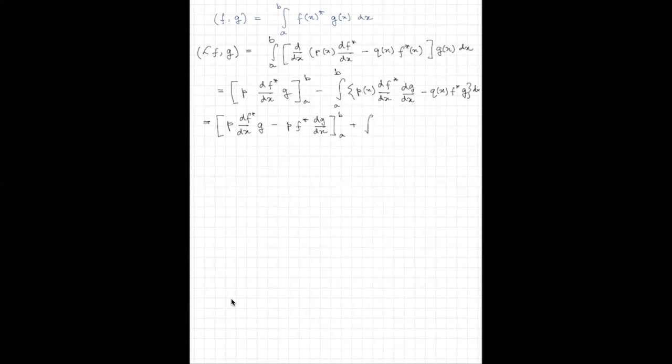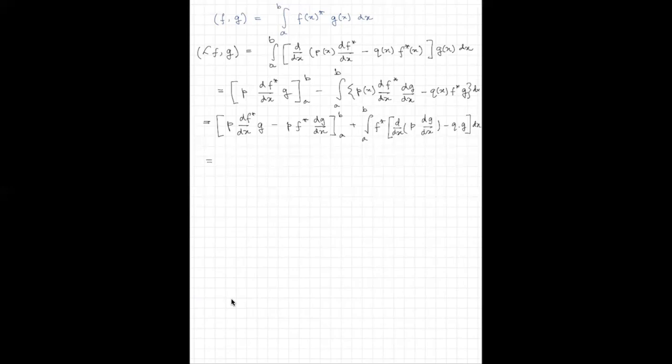So we've just rearranged things, so you can try to work this out. So this is f*, so d/dx of p dg/dx minus q g. Okay, so I've suppressed again dependencies on x.